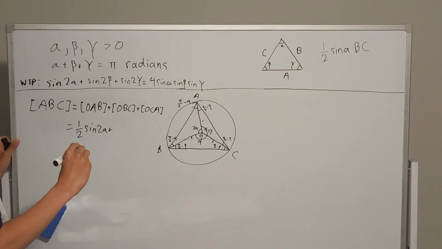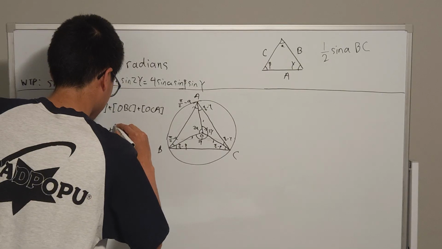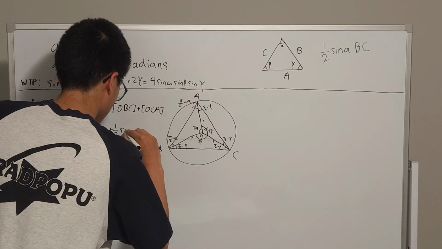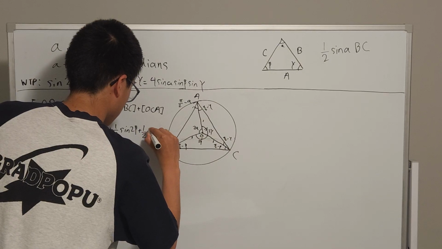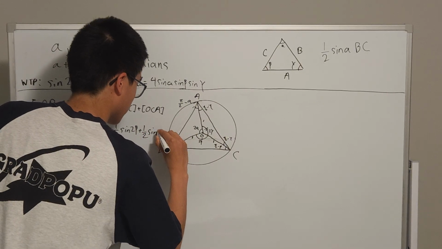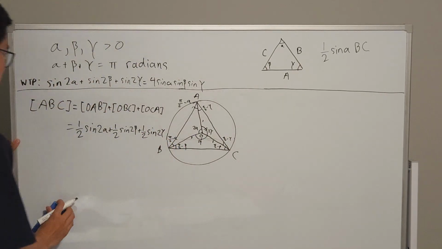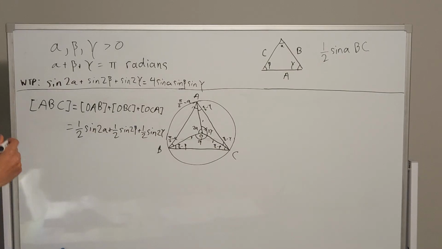We will be doing the same for triangle OBC. Okay, so this will be the area of triangle ABC. So this is one way we can find the area of triangle ABC.